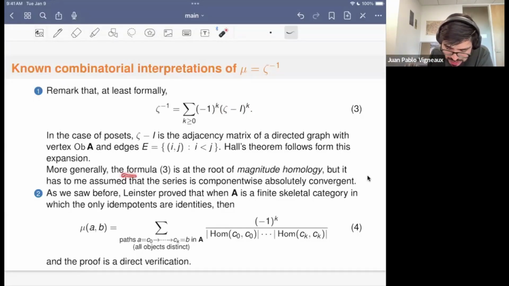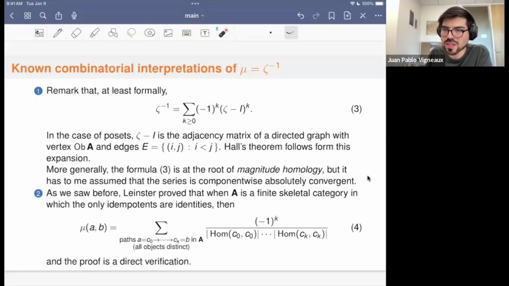More generally, this formula 3 is at the root of what's called magnitude homology, which is one way of generalizing Hall's theorem. But when you do this for a general category, you cannot avoid the fact that this sum can be infinite.